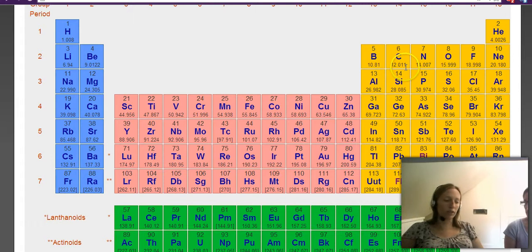When you're dealing with just carbon as a random thing, then you use 12.01, but if it's more specific and you're dealing with carbon-12, you use the 12.